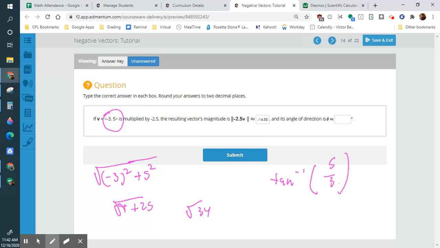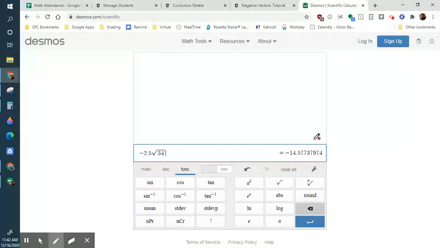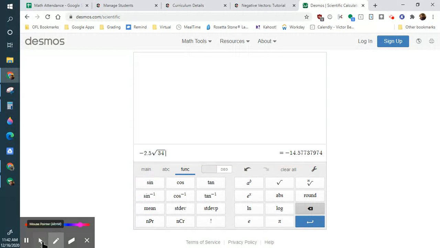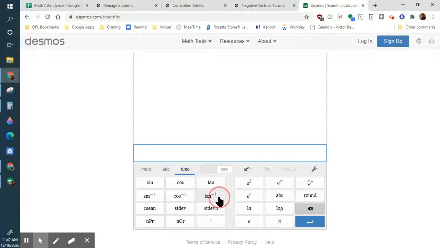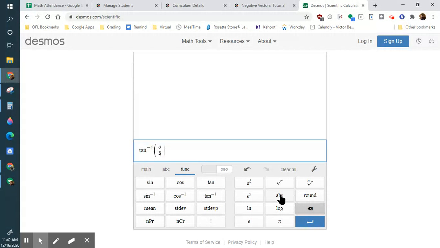So clear this out. Tangent inverse of 5 divided by 3 gives 59.3 degrees, and we want it to be 180 away from there.